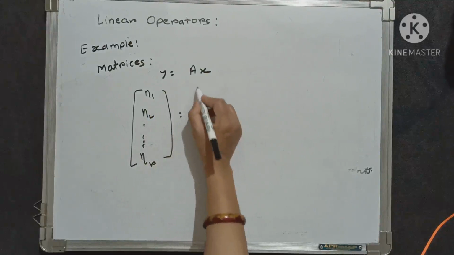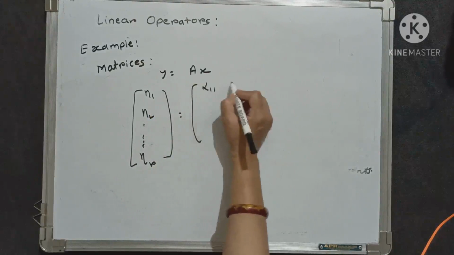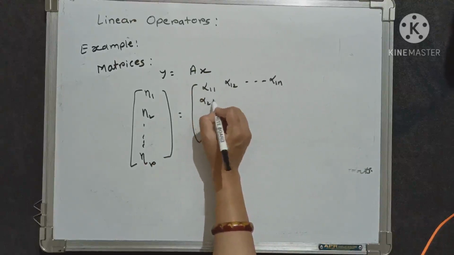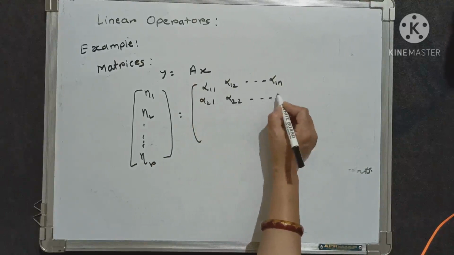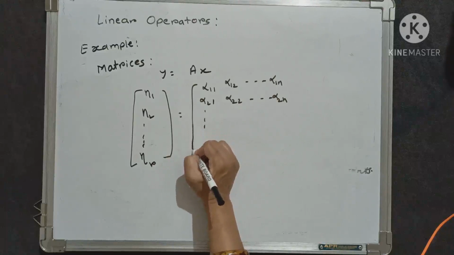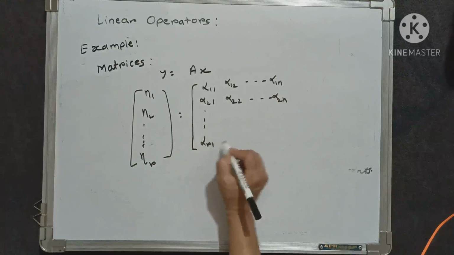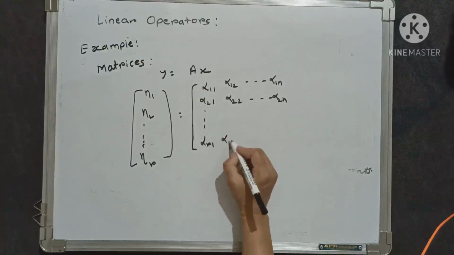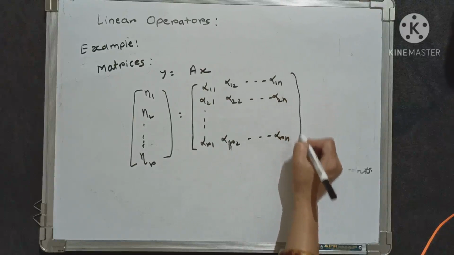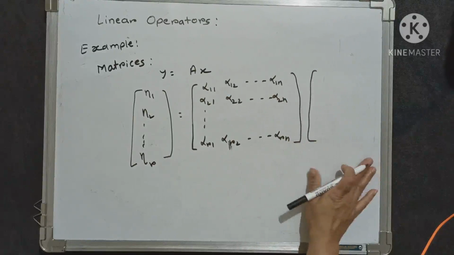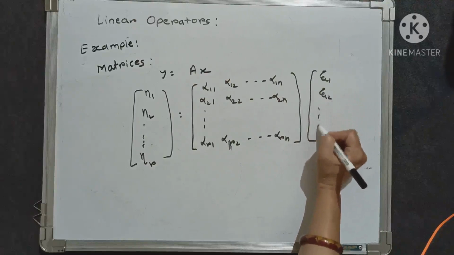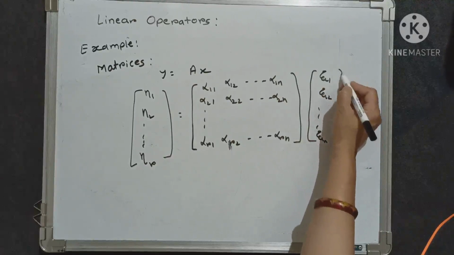It is equal to A, which is alpha 1 1, alpha 1 2 up to alpha 1 n, alpha 2 1, alpha 2 2 up to alpha 2 n, up to alpha r1, alpha r2 up to alpha rn, times xi1, xi2 up to xi n.